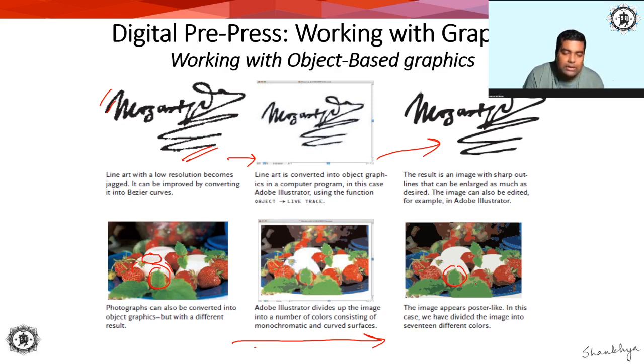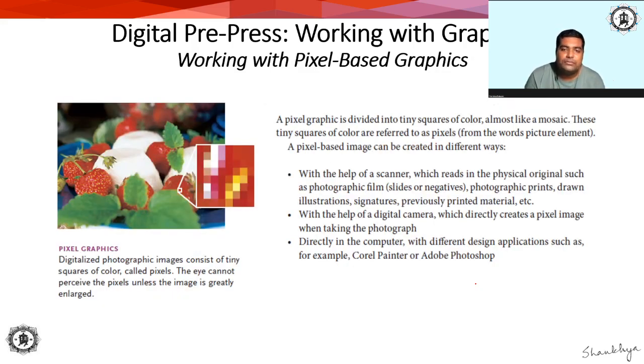All right, now let us talk a little bit about pixel based graphics also. What are the opportunities and the various disadvantages that they provide? As you can see, the pixel graphic is divided into tiny squares of color, known as pixels. Individual pixels are lit up with certain colors, right? Now they can be created in various different ways.